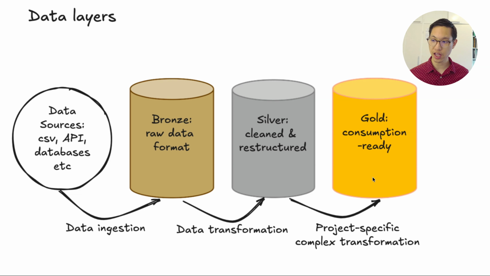If silver is enough, you don't need the gold layer. Why would you need it if the silver layer is enough? And if you want to add more transformation steps, of course you can have more than bronze, silver, and gold. You can adapt it towards your specific problems. So it's not confined to these three layers. This is a very important note so that you know that.